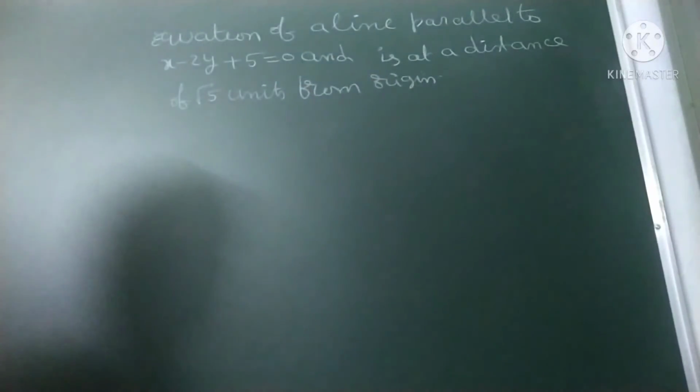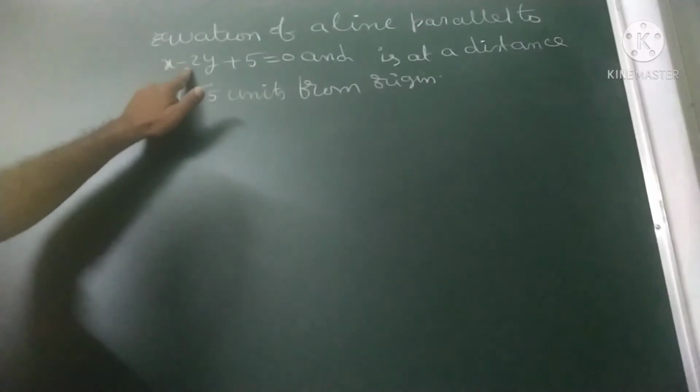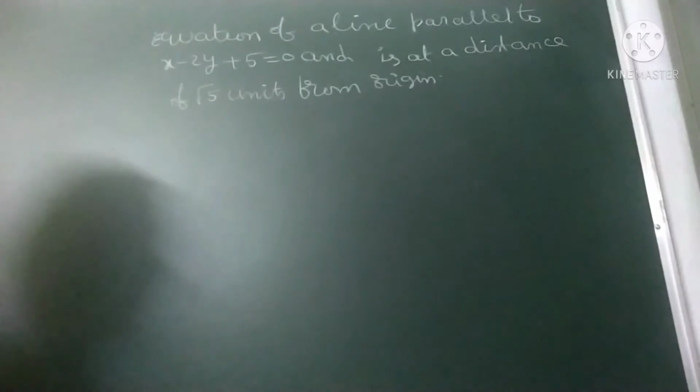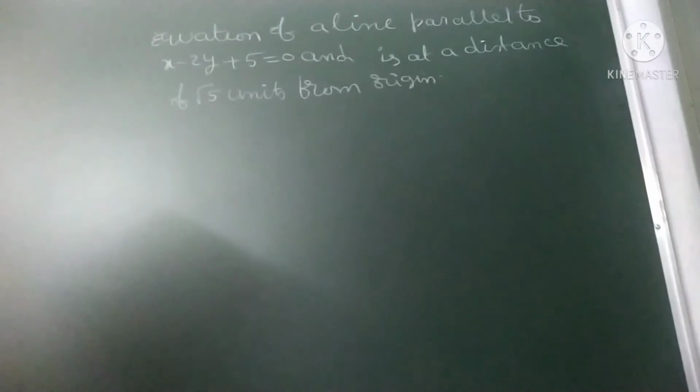So what type of equation you have to calculate? The required equation should be parallel to this and is at a distance of root 5 units from origin. That type of equation you have to calculate.